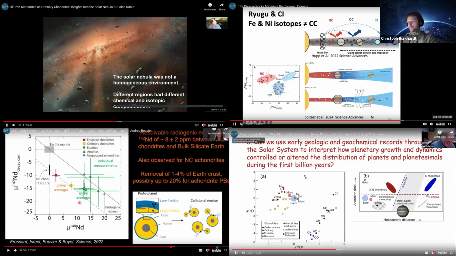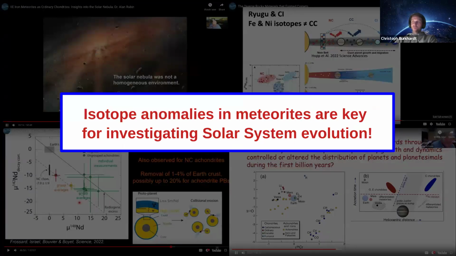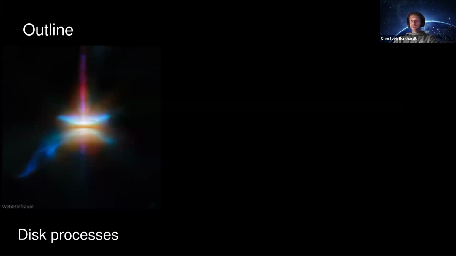So really, isotope anomalies in meteorites seem to be key for investigating solar system evolution at all scales. And today, I will give you some insights into what we can do with these anomalies.